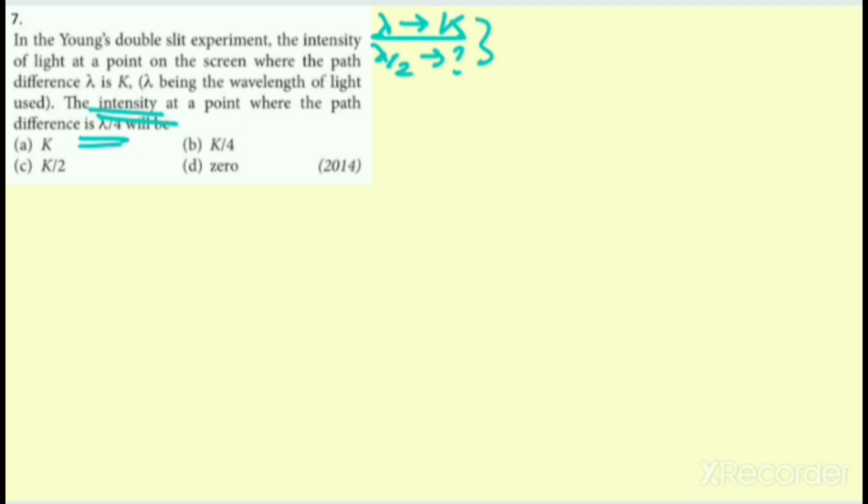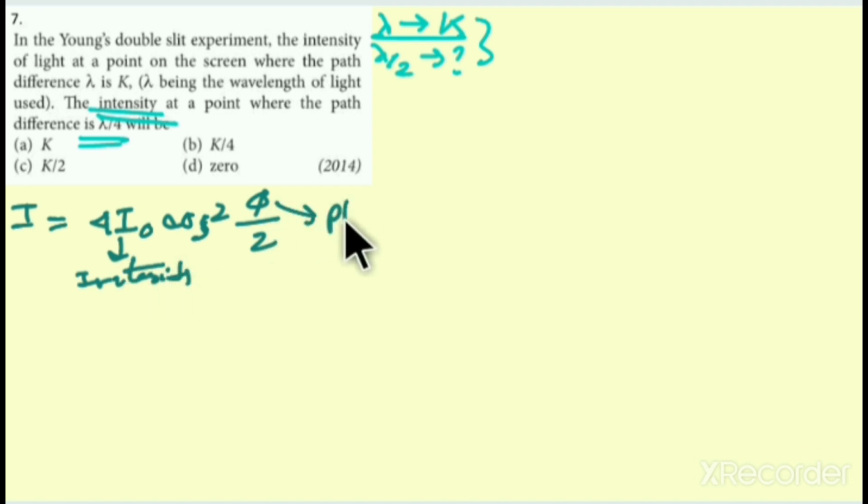So we know that intensity at some point is nothing but 4I0 cos square phi by 2. I0 is the intensity of either wave and phi is the phase difference.